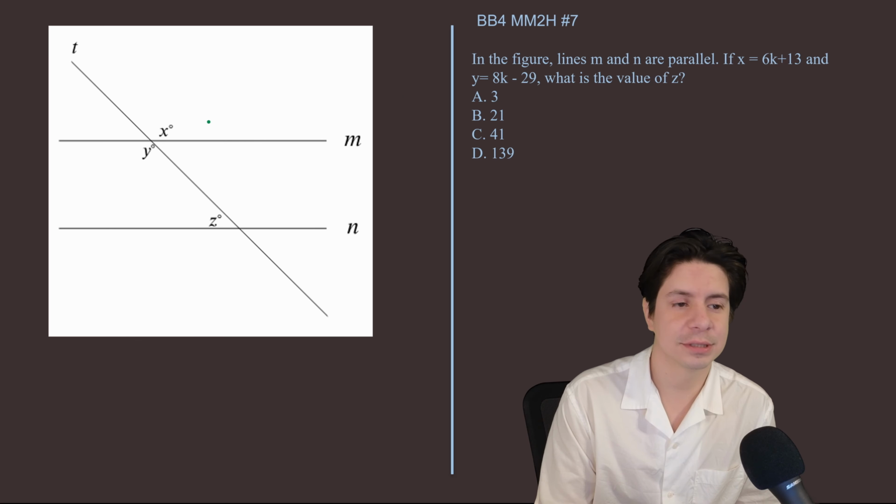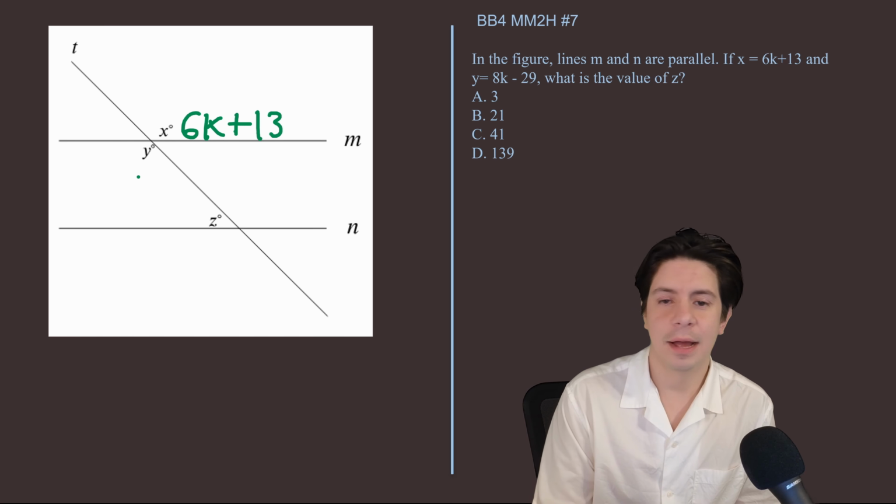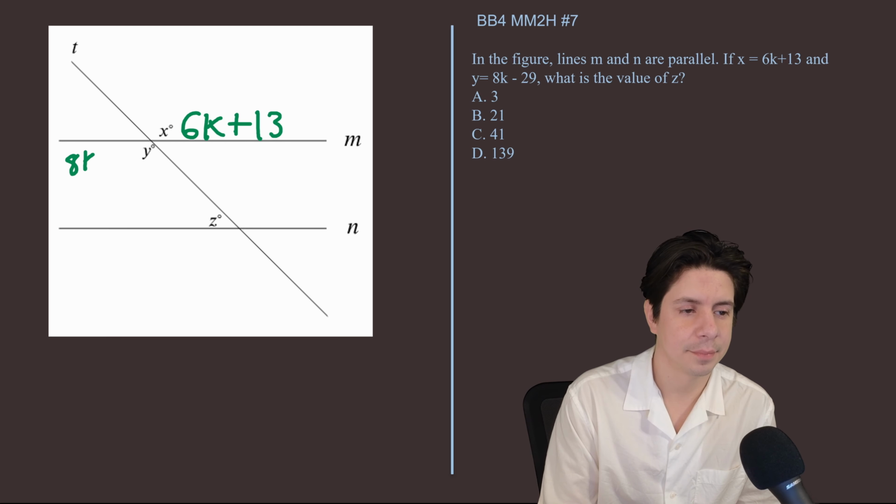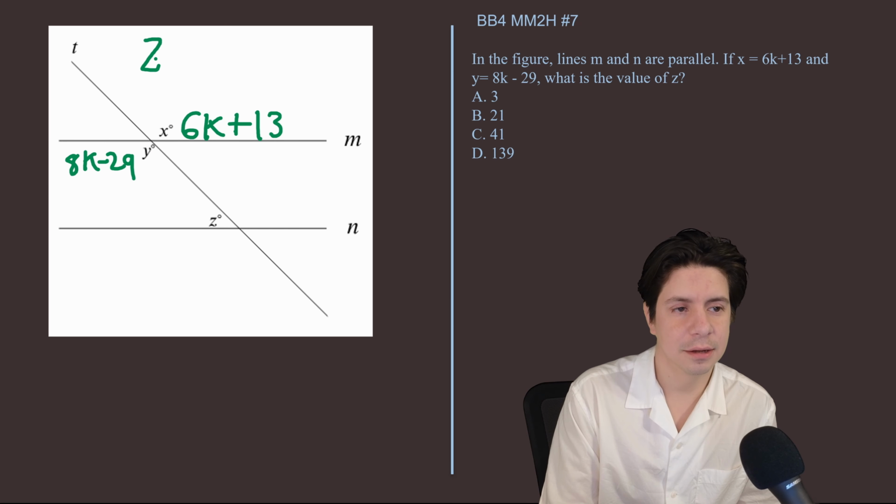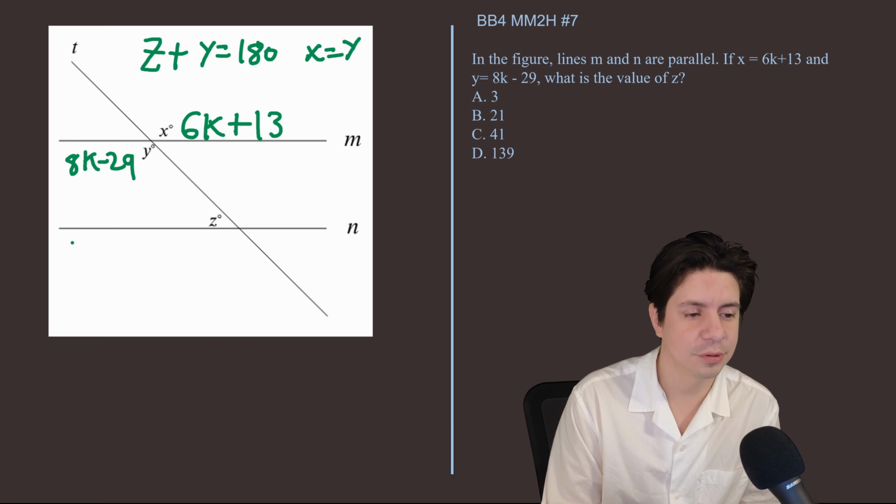So x equals 6k plus 13 and y equals 8k minus 29. And we know they're going to be equal to each other, and z plus y are supplementary, so they're going to equal 180. And x equals y. So we're going to say 6k plus 13 equals 8k minus 29.